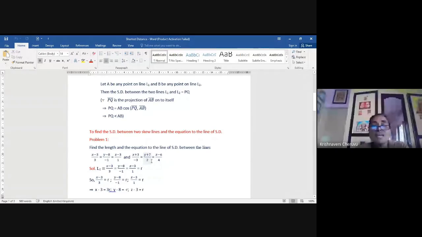Now what is the question here? You have to find out the shortest distance between them and also the equation of the line of shortest distance.